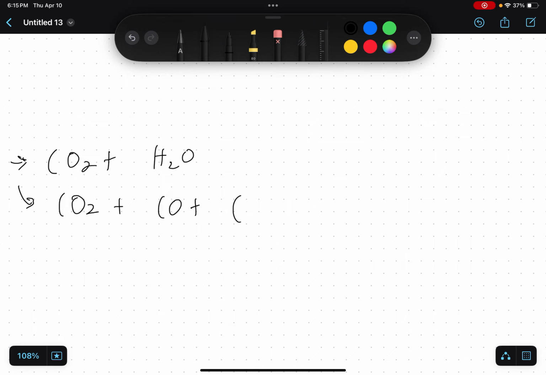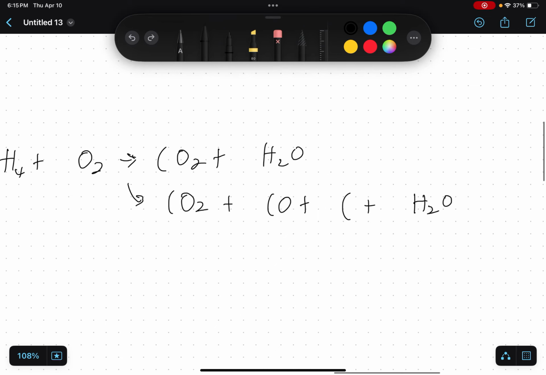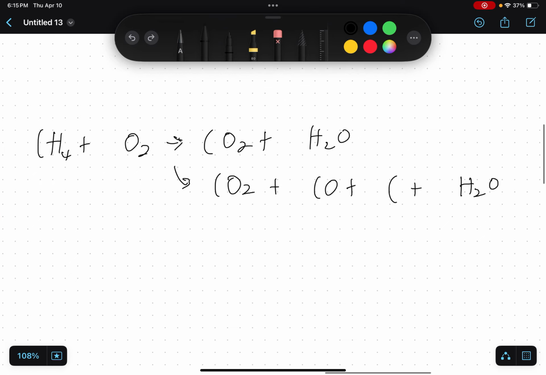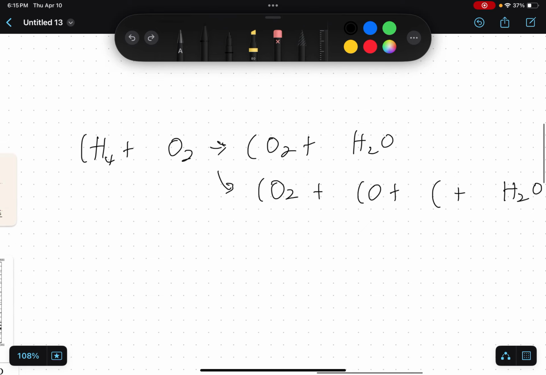Don't put your finger above a candle, but that is what will happen. So this is like real. Plus the H2O. And you can also split up the H2O as well. But I'm just going to split up the CO2. So you have some of it going into CO2, some going to CO, some going to C. And I'm going to just assume H2O doesn't split up, even though in the real world it does.